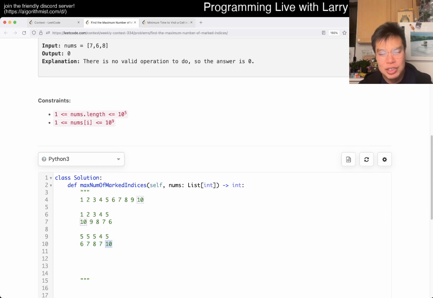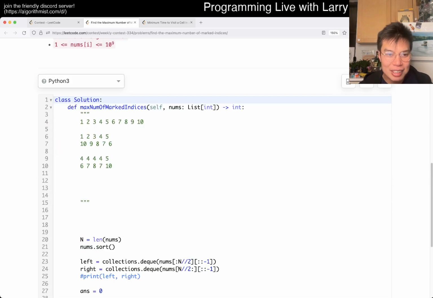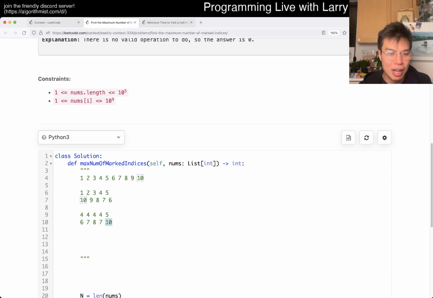And of course, let me rewrite this in case it is sorted. Then this large number is more than twice this number, which means that it is more than any other number, right? Of course, because it is sorted decreasingly.